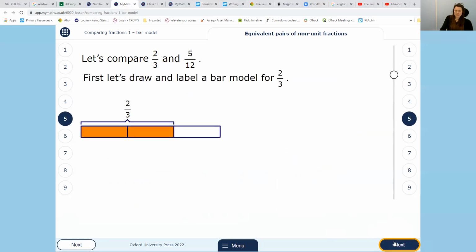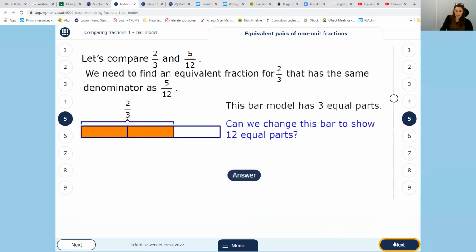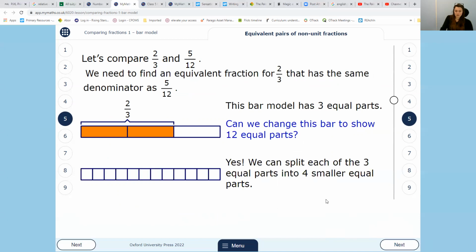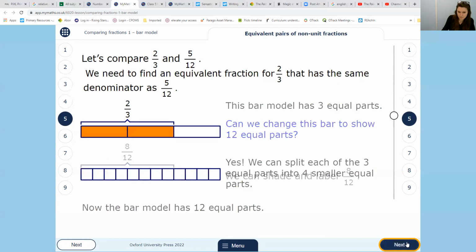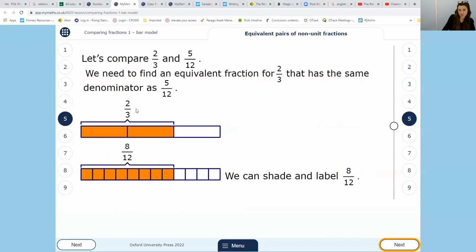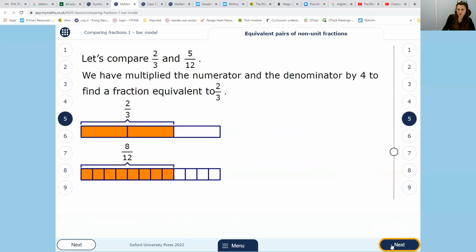Okay, I'm going to pause the screen this time for you to have a go. I'm trying to compare 2/3 and 5/12. So using my equivalent fractions, now that I can see them both as 12ths, actually, let me put my 12ths. This is what 2/3 would be as 12ths. Now you can quite clearly pause the screen and decide, is 5/12 bigger or smaller?